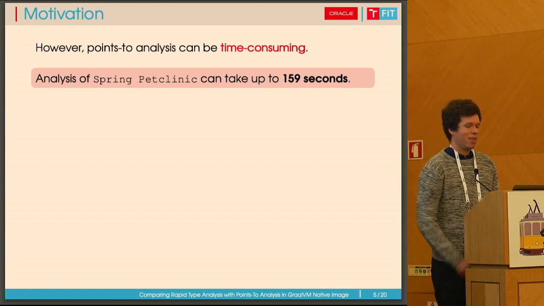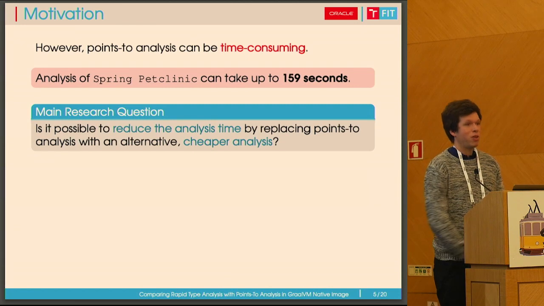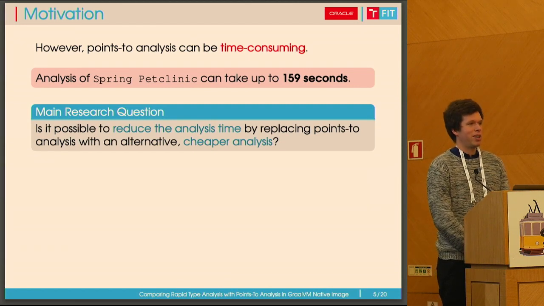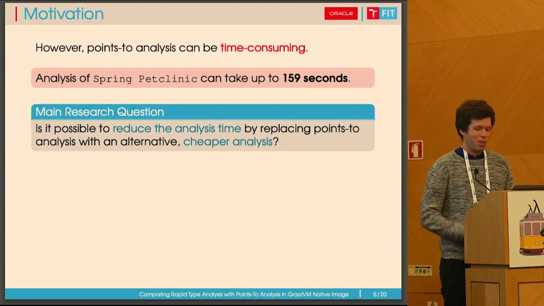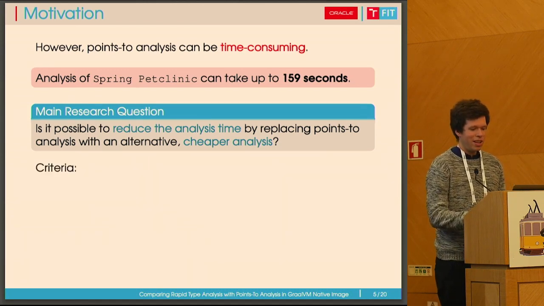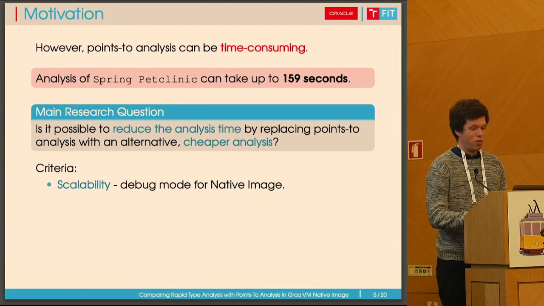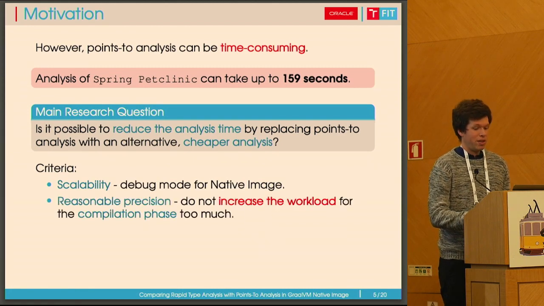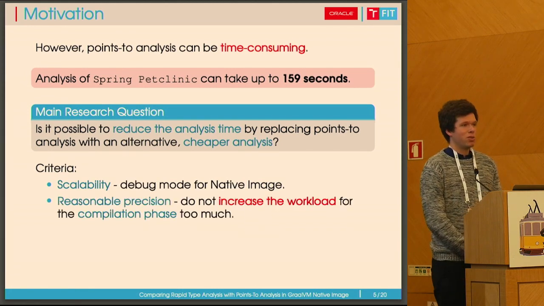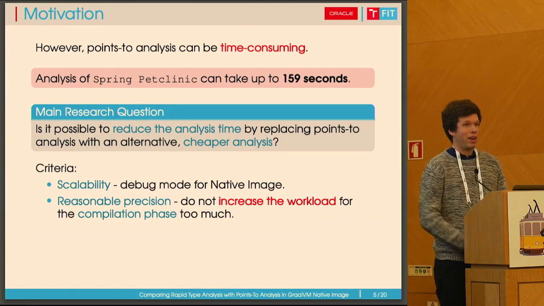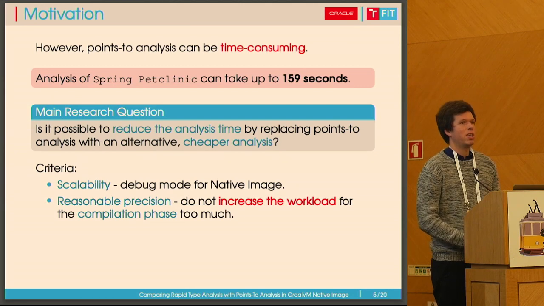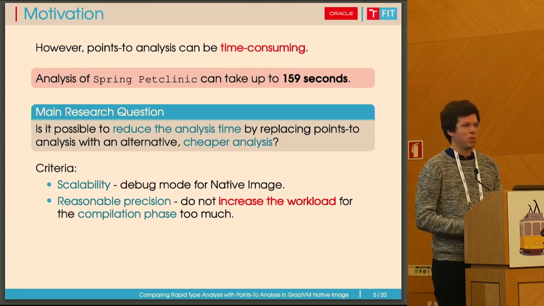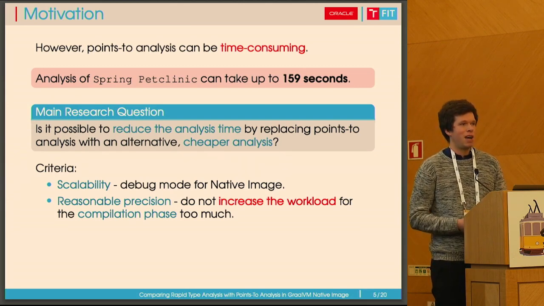Therefore, we were looking for another, cheaper analysis that would provide similar results with similar precision, but take less time. The criteria we considered were, of course, scalability, then reasonable precision, because we cannot simply mark everything as reachable, as it would increase the workload on the compilation phase afterwards.